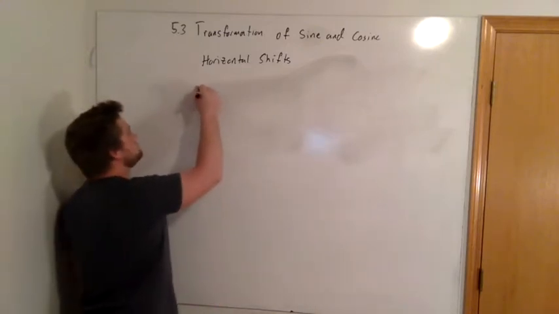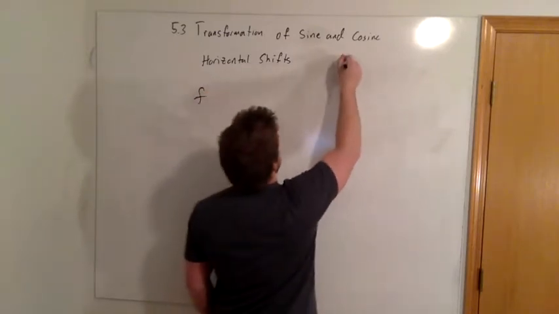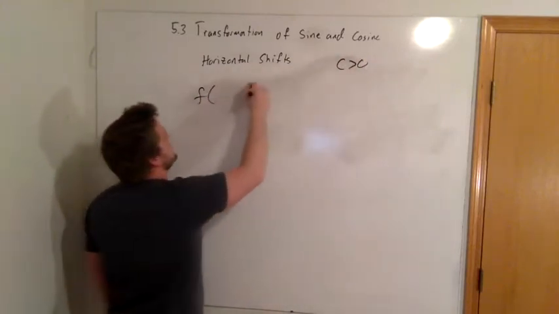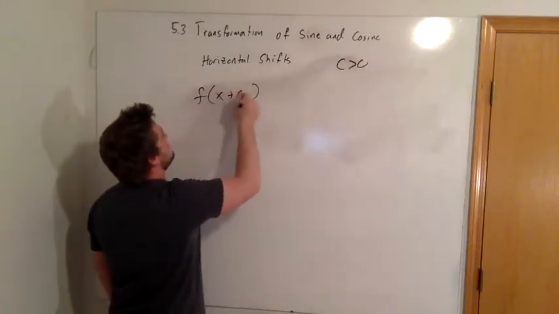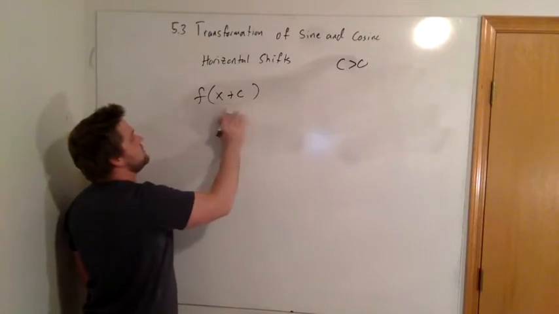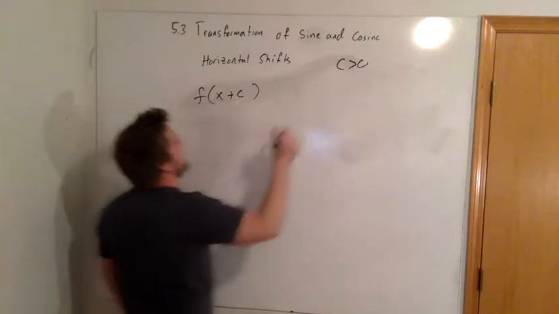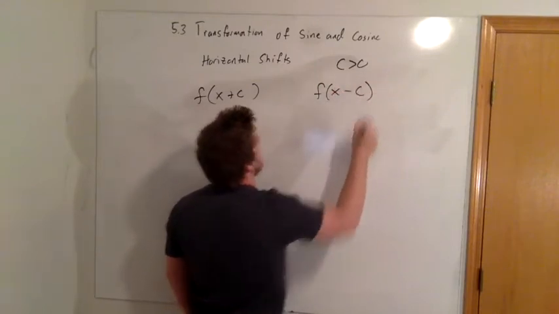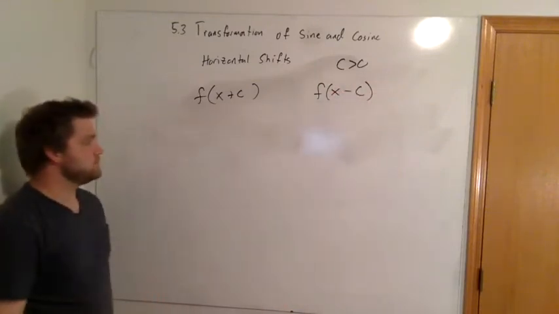So recall, let's say for right now that c is some sort of positive number. Let's say I add a constant c directly to the inside of the function, directly to x, versus if I subtract a positive value c from the x value.